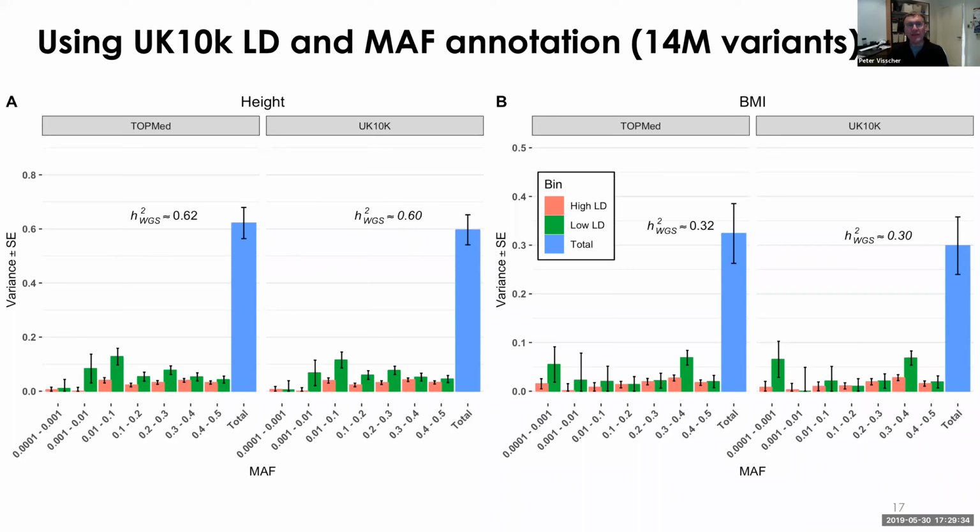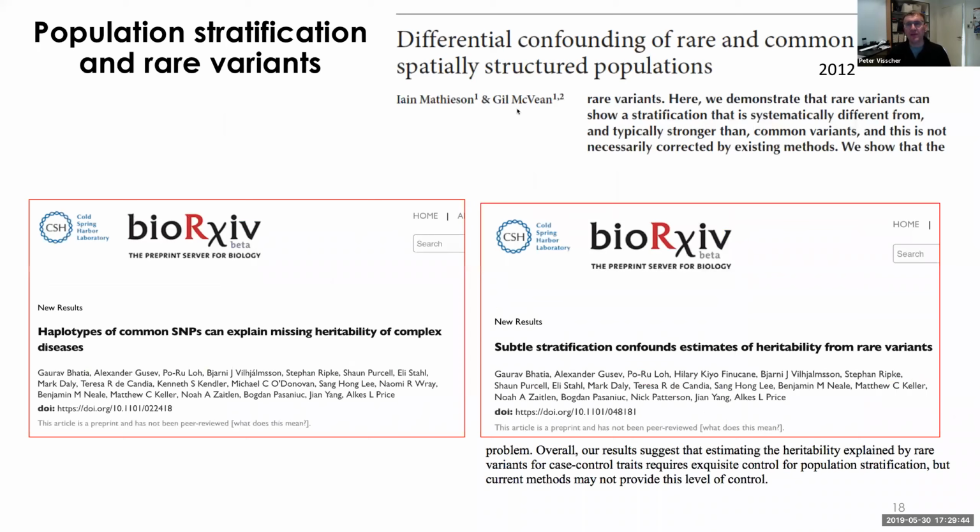The next question, and some would say the elephant in the room, is population stratification. Why is this important, and in particular important for rare variants? In a paper in 2012, Iain Mathieson and Gil McVean pointed out that rare and common variants lead to a different confounding, whether we're looking at rare or common variants in a population.